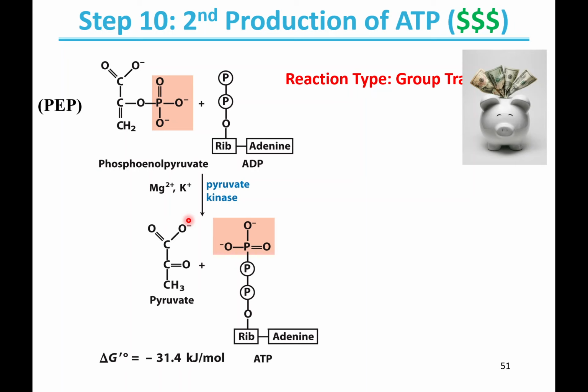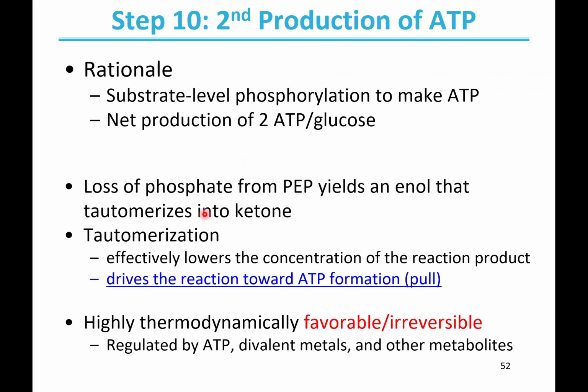You've made two ATPs in step, what was that, step 7, and you just break even on that step, and this is the actual payoff in terms of ATP production. Okay, and it allows the net production of 2 ATPs per glucose.